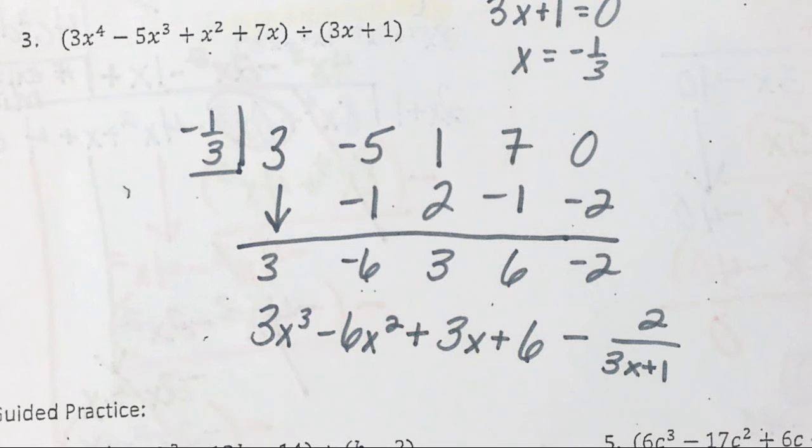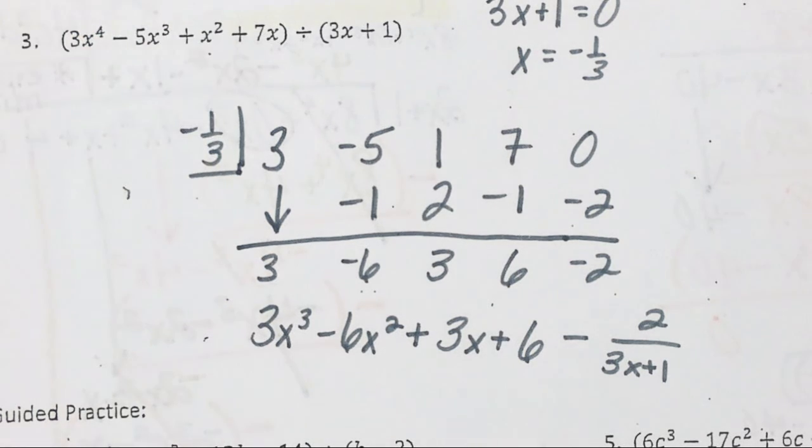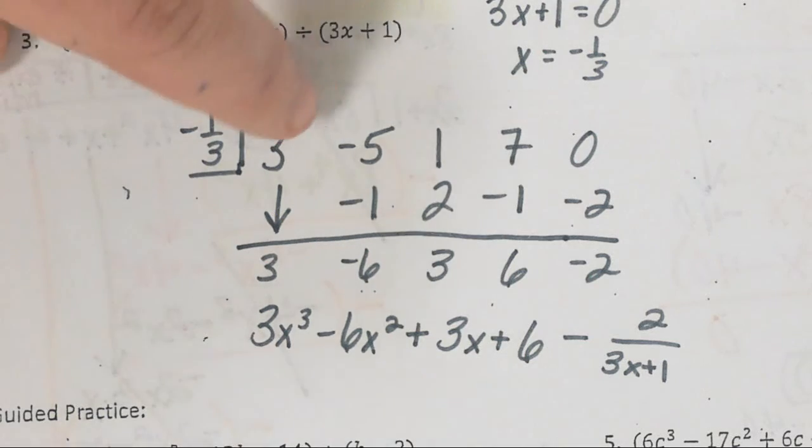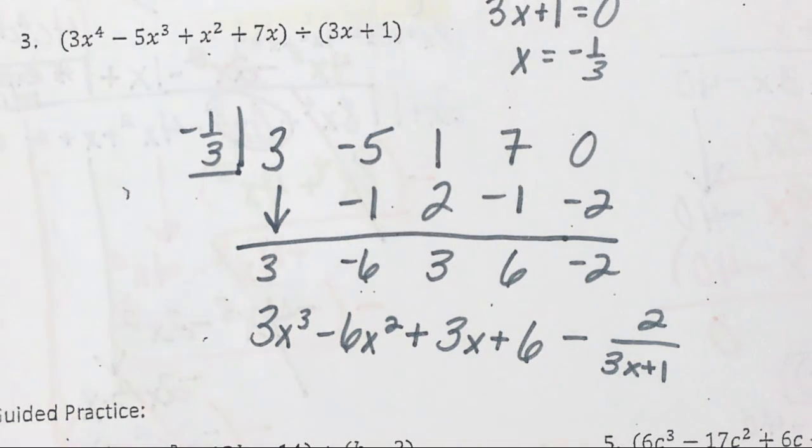Okay, and on this kind of problem, me and your textbook disagree. Your textbook tries to avoid dealing with this fraction entirely. So, to begin with, it divides every single one of these terms by the negative 1/3. And so their answer is a little different than mine.